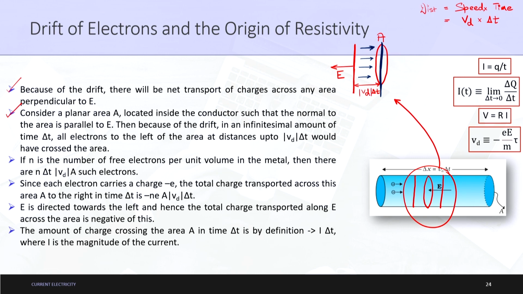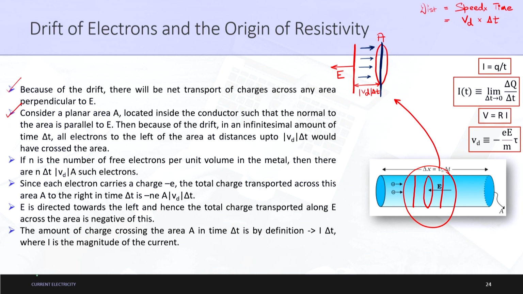If small n is the number of free electrons per unit volume in the metal, then there are n v_d A delta t such electrons. Quite evident, we just need to multiply. Small n is the number of free electrons per unit volume, and volume can be found by using length into area. Let me take a different color.